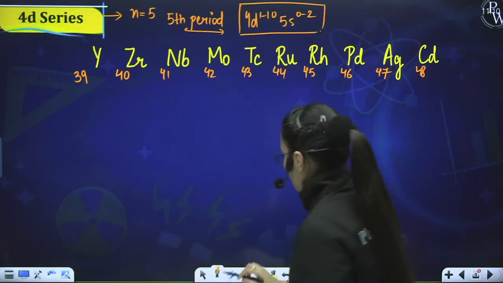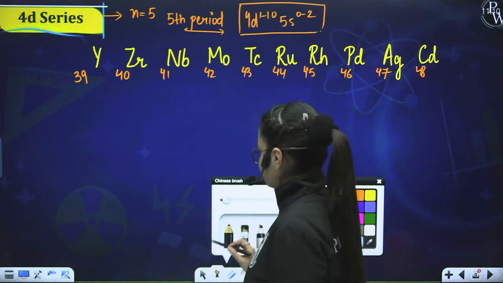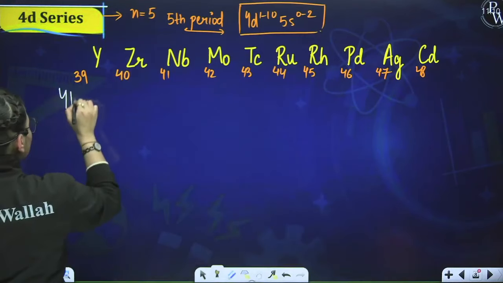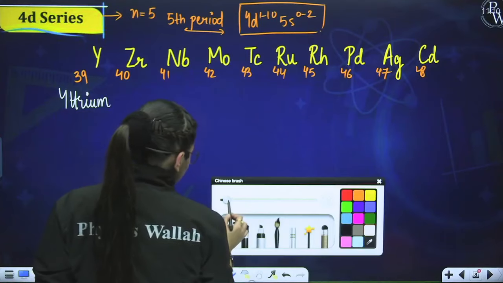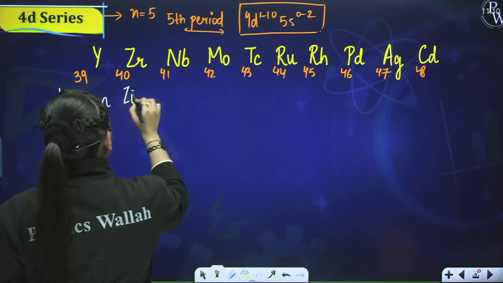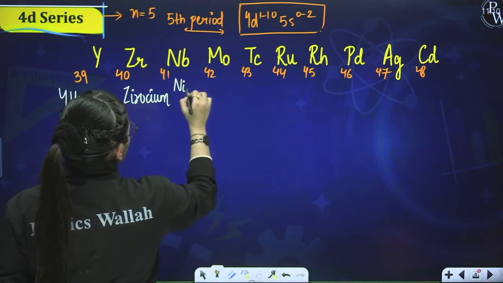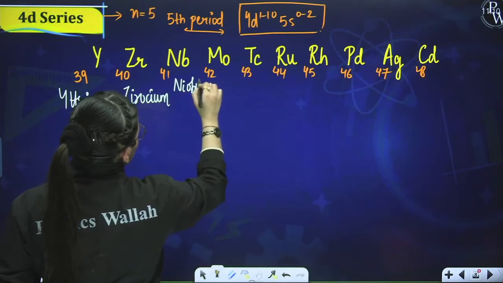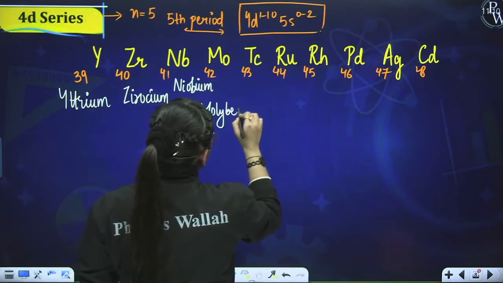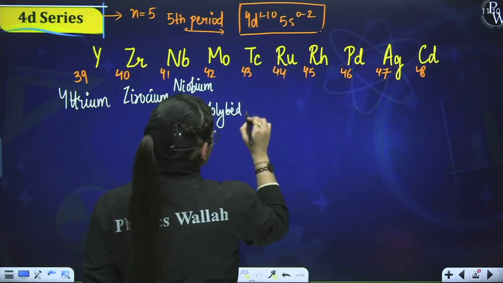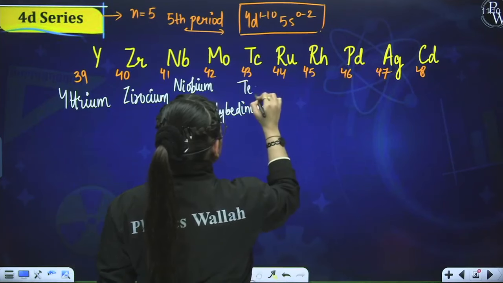Now, students, let us write their names first of all. From Y, it's yttrium. From Zr, zirconium. From Nb, niobium. Kindly check the spellings. From Mo, it's molybdenum. From Tc, it's technetium.